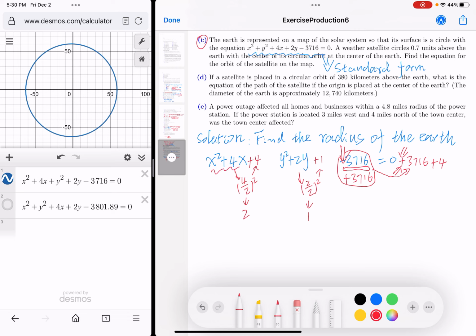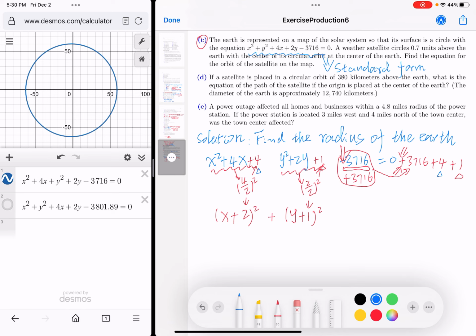This will be a complete square, which is x plus 2 squared. So is this one, which is y plus 1 squared. Here we add 1, here we have to add 1, and here we add 4, here we add 4. Okay.